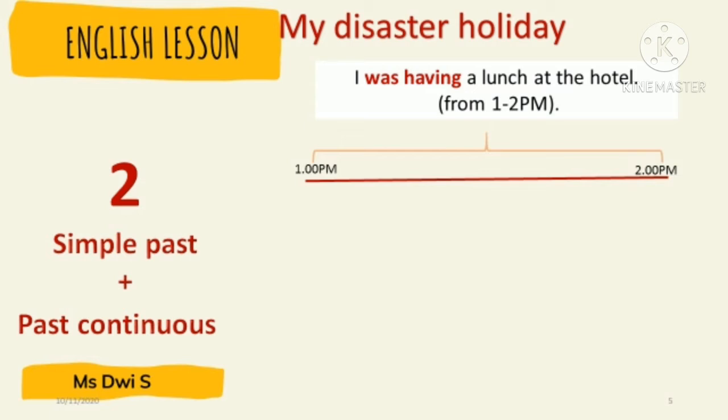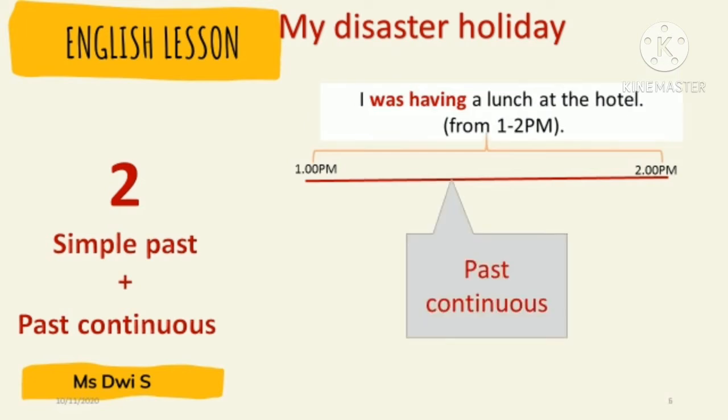Remember, this event happened in 1 hour. Nah, if there is an ongoing event in the past in a specific time, we call it past continuous. Nah, we've only got one event, that I was having a lunch at the hotel.